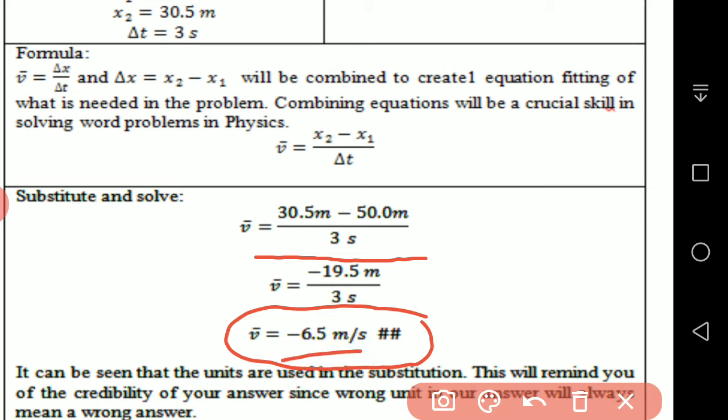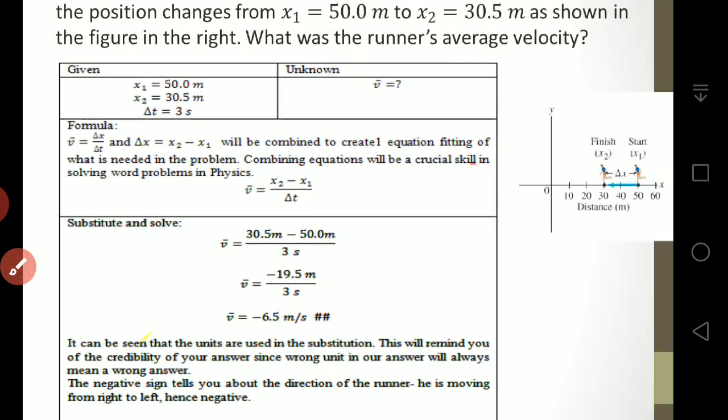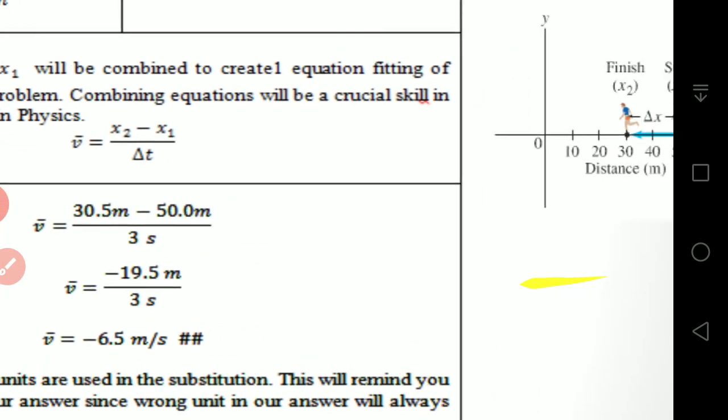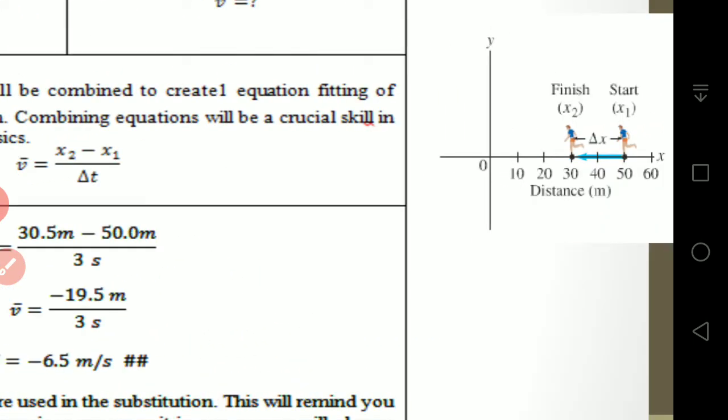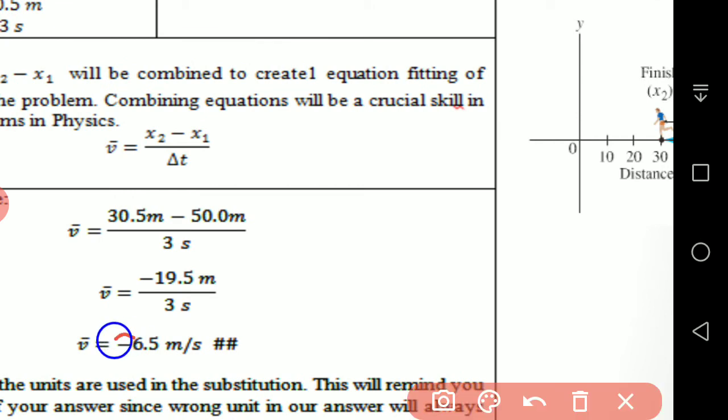Ibig sabihin lang yan ay dahil ang movement natin is from the right papunta sa left. Sinasabi niya lang yung direction. Most of the time ginagamit lang natin yung sign to represent direction.